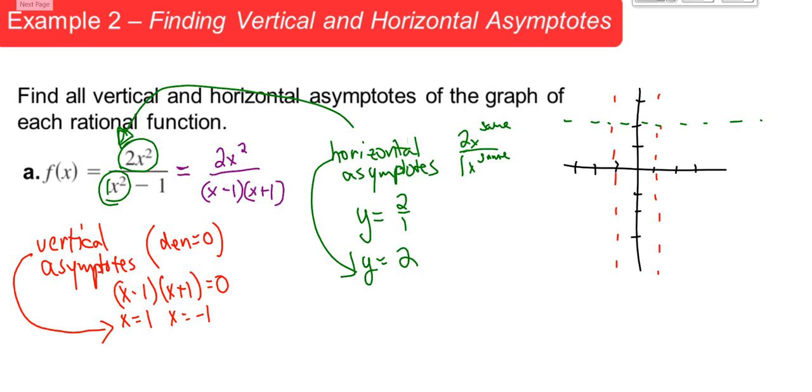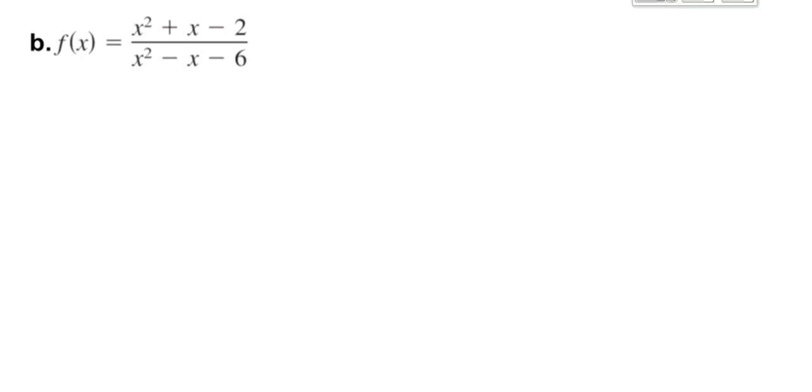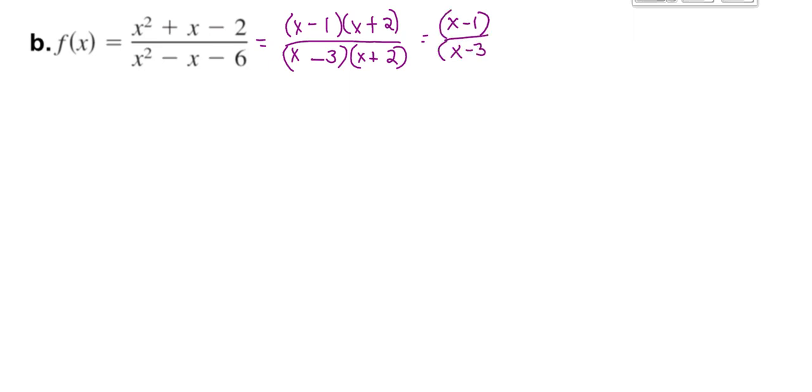Here's 2b. If you want to try that yourself, go ahead, pause this and see what happens, and then I'll go over it with you. Okay, let's see what happens in this one. Like before, I factored that first, but notice that the x plus 2's are going to cancel out, and we end up with x minus 1 over x minus 3.